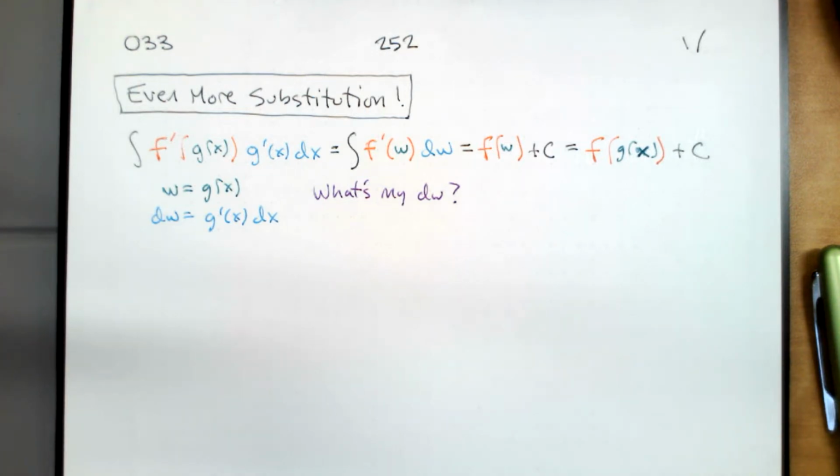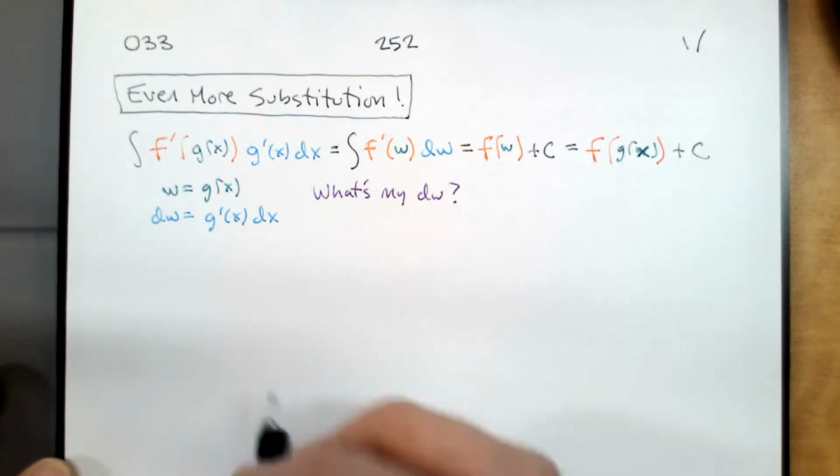Let's take a look at the category of problem that we want to look at today. It's going to seem like a strange category, but it's a great substitution exercise.